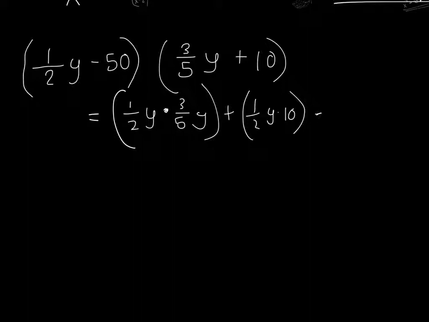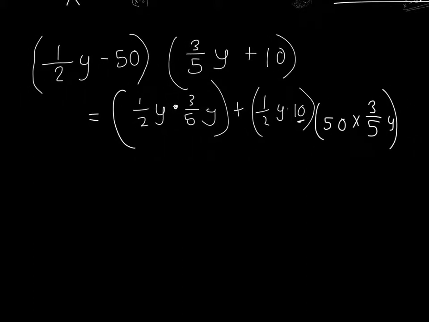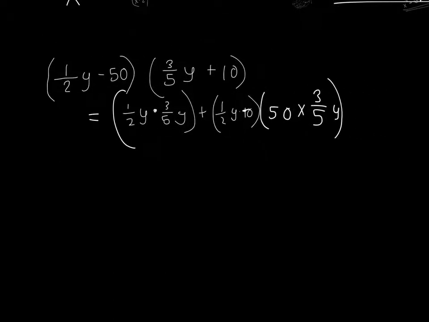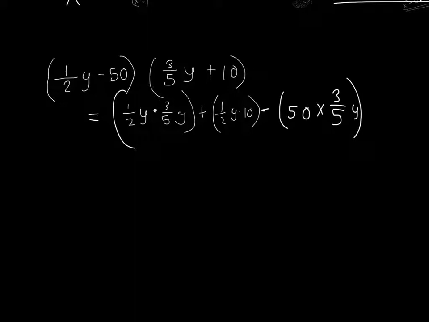Then it's minus 50 times 3 by 5y. Let's simplify it even more. Let's put it over here. Perfect. And then after that is minus 500.